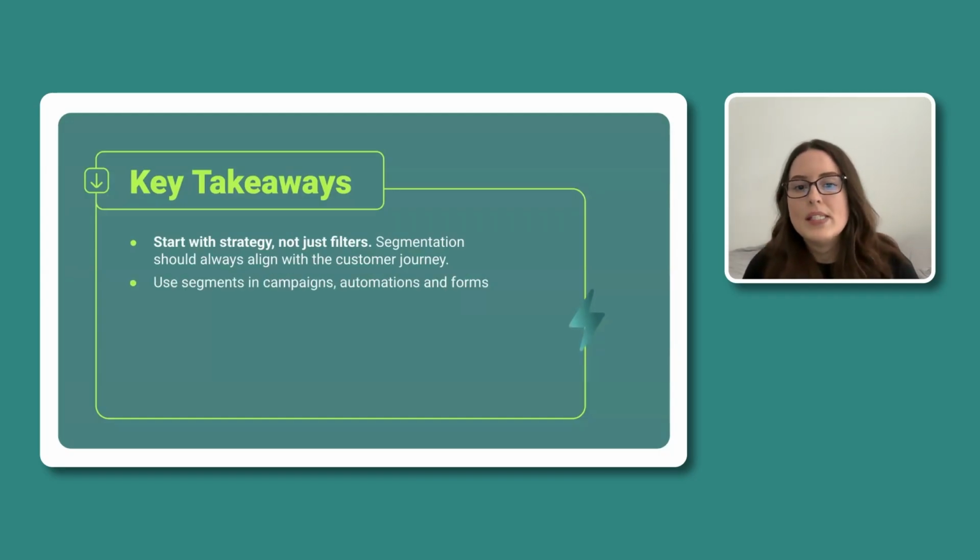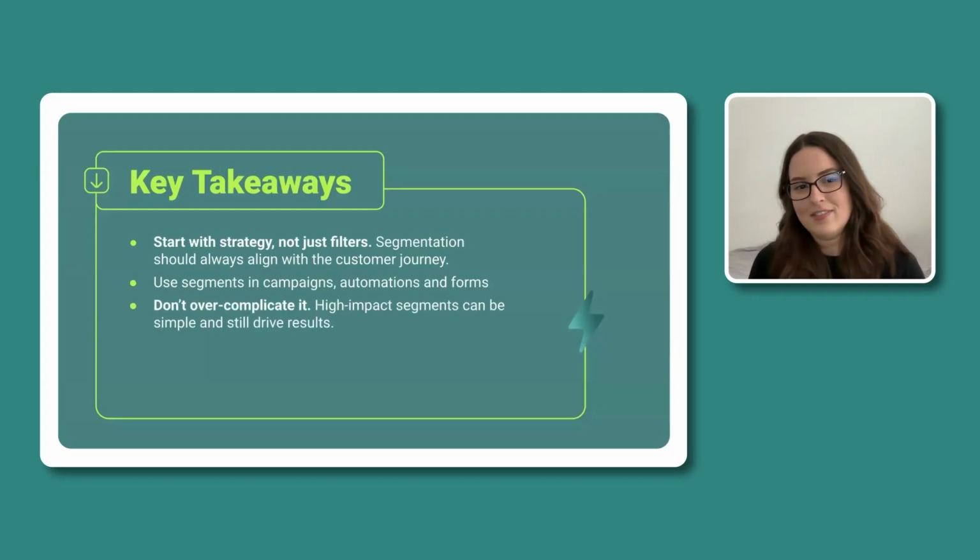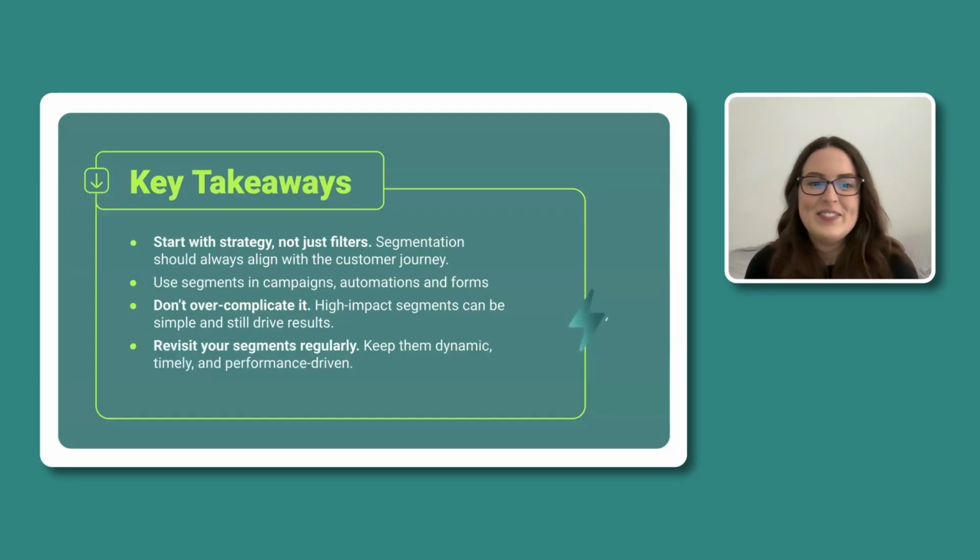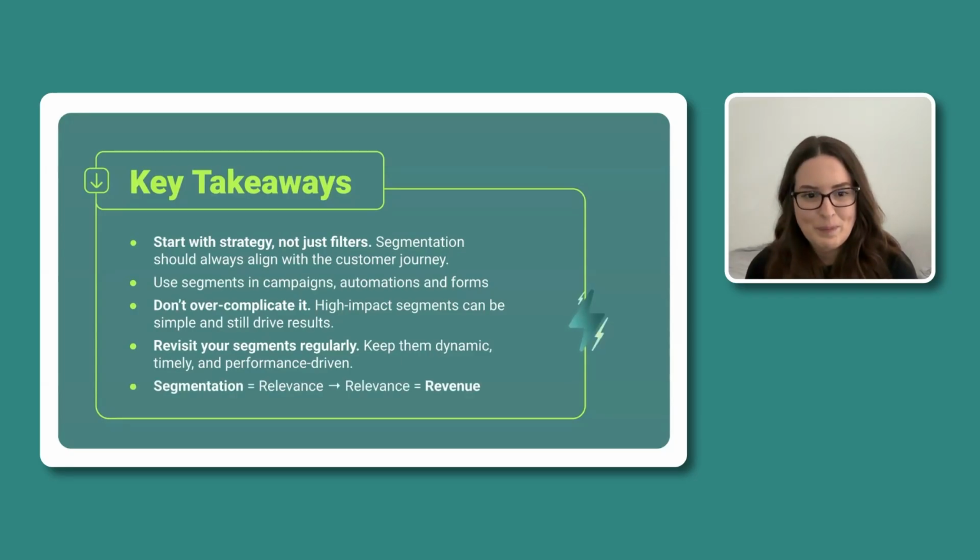And then use segments in campaigns, automations, and also forms. But don't overcomplicate it. High impact segments can be simple and still drive results. And make sure to revisit your segments regularly. Keep them dynamic, timely, and performance driven.